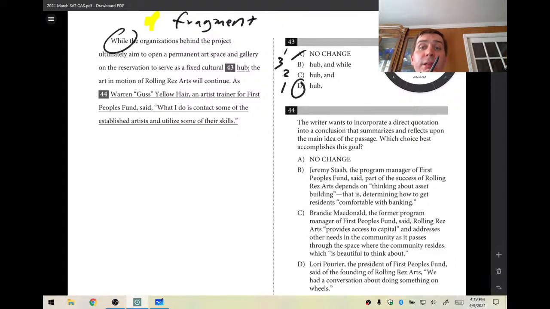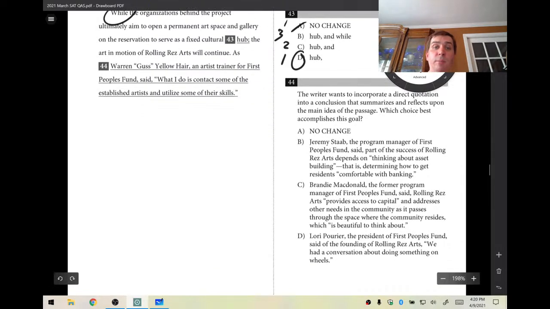That does not summarize and reflect on the main idea of the passage in a very good way, but C does. This is the correct answer choice. Brandy McDonald, the former program manager of First Peoples Fund, said, Rolling Res Arts provides access to capital and addresses other needs in the community as it passes through the space where the community resides, which is beautiful to think about. So that was the writing passage.